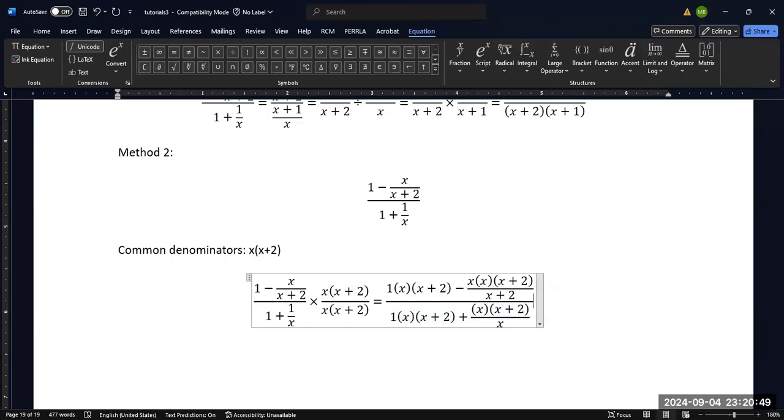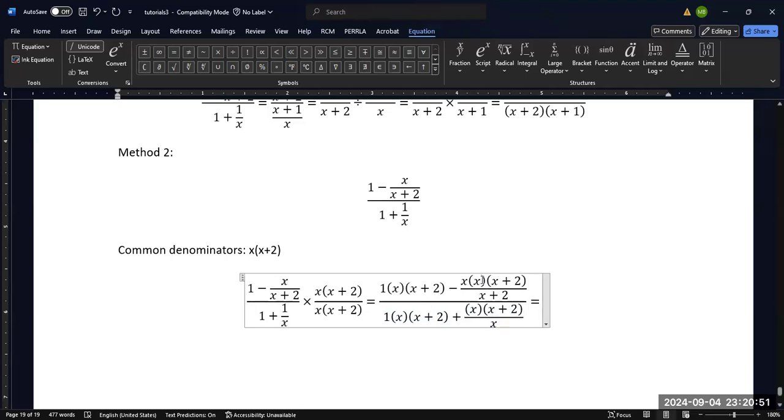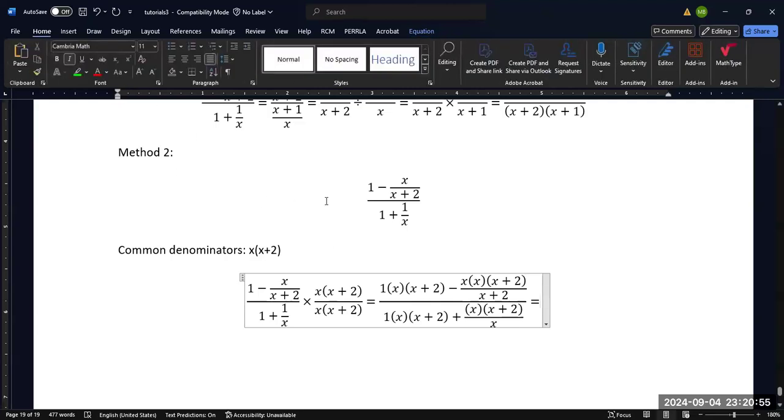Now, what can I simplify? So in this fraction portion of the numerator, what I can cancel is the x plus 2 and the x plus 2. And in the denominator, I can cancel the x and the x. So what is this going to become?